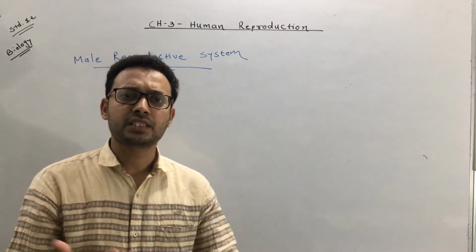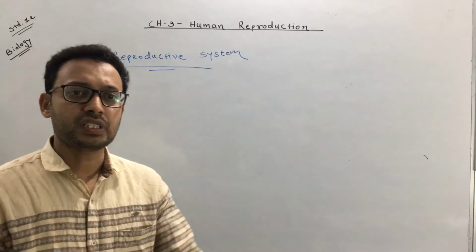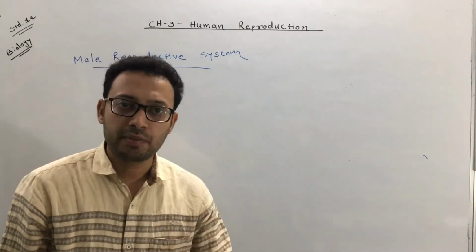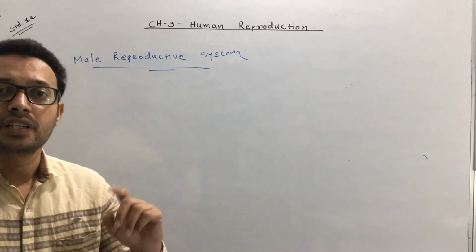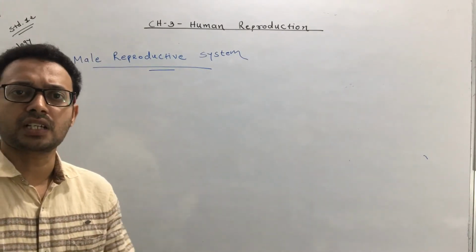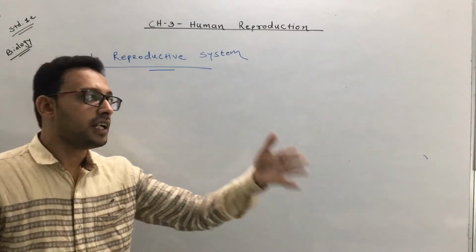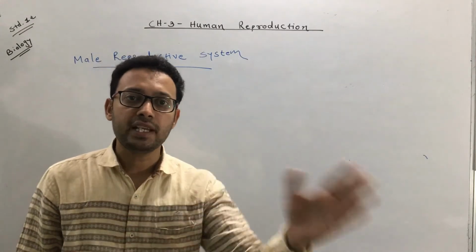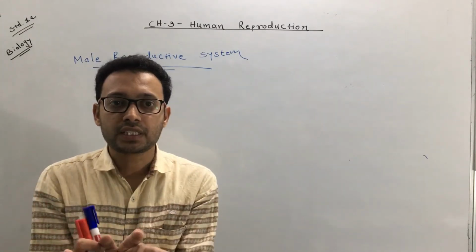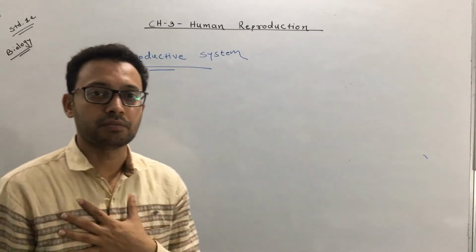We have learned many human systems in the 11th science, like the digestive system, respiratory system, circulatory system, excretory system, osseous system, muscular system, nervous system and endocrine system. Now we have to learn the reproductive system, but the reproductive system in male and female is different, so we will discuss them separately. First, the male reproductive system.